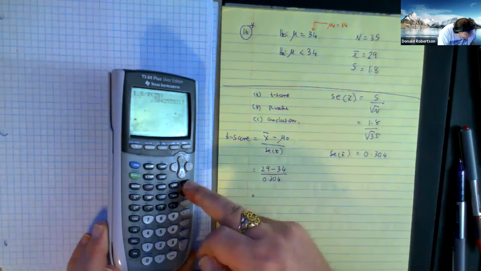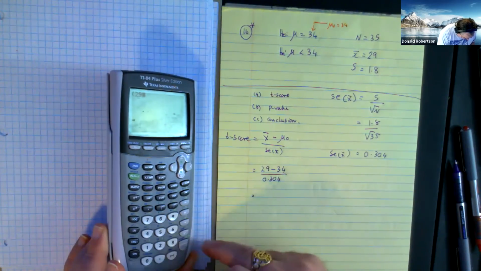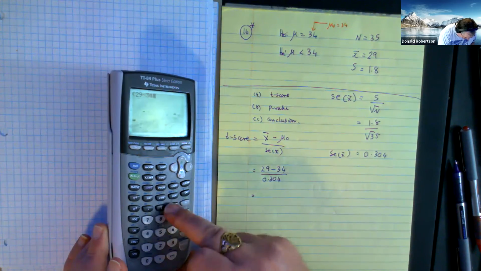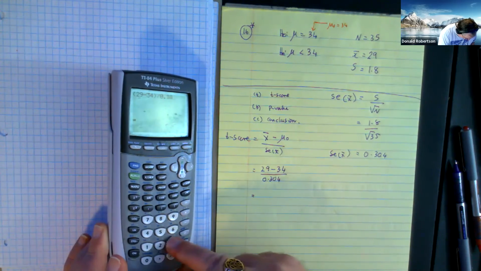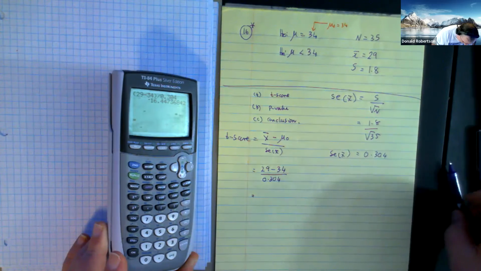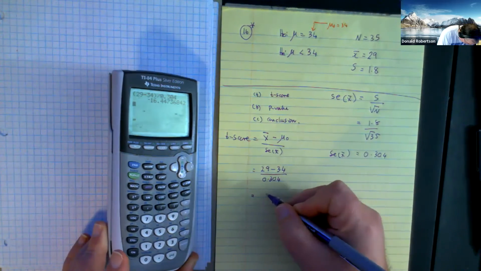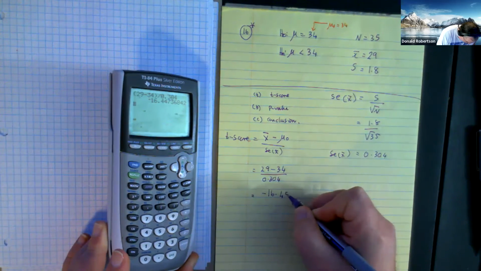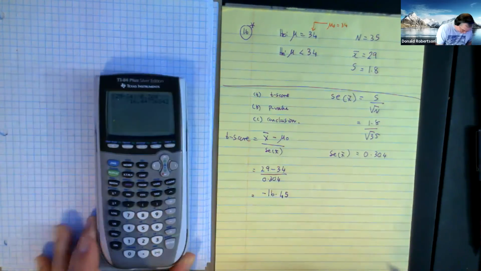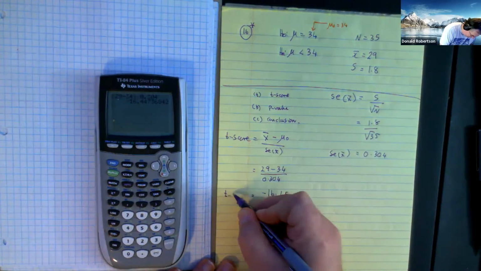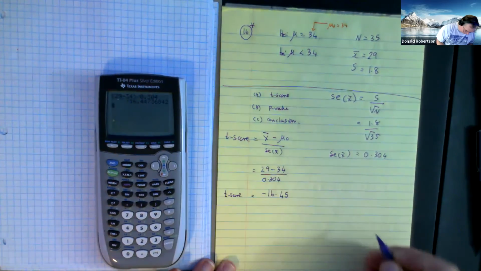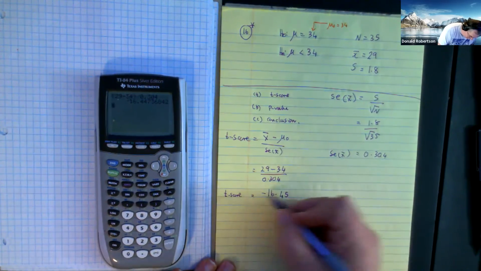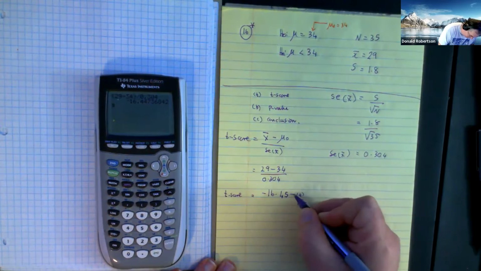On my calculator, 29 take away 34 divided by 0.304, and the answer I get is, wow, negative 16.45. That's essentially part A done.